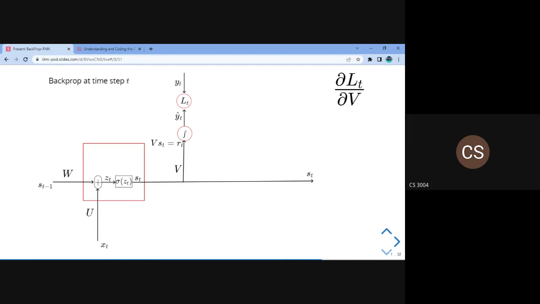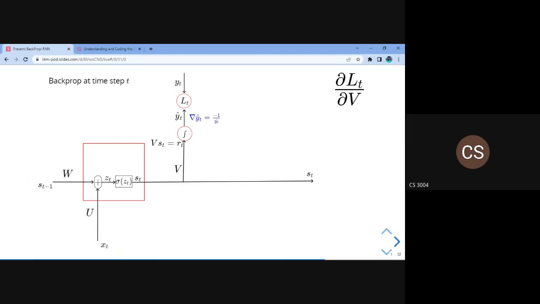Now I have computed the loss. Now I have to compute the gradient of the loss with respect to yt hat. We can compute that, you can work it out, and it turns out to be -1 by yt hat. And then you can compute the loss with respect to the input. What is the input to the softmax now? It is RT.